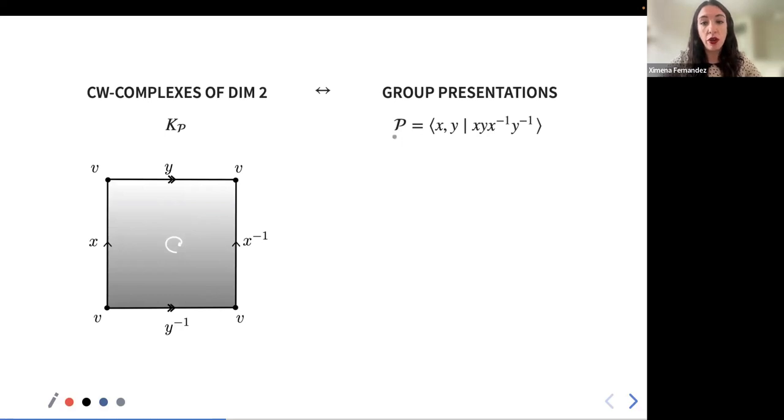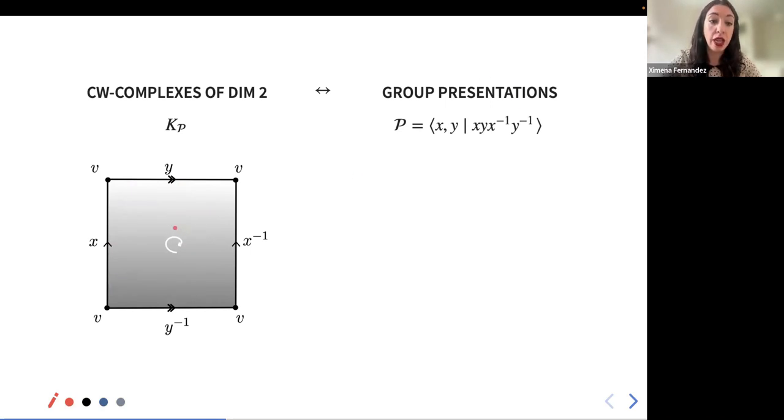Every time you have a presentation, you can construct a CW-complex of dimension 2 that is called, in this case, the standard complex, KP. You have a single vertex always, and then you have one cell of dimension 1 for every generator.